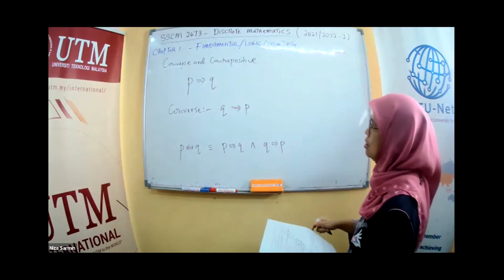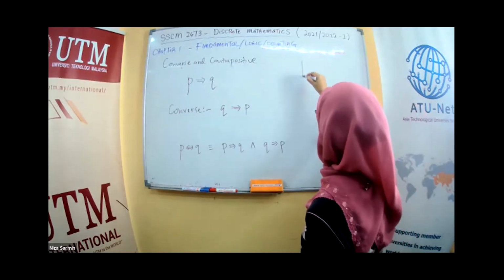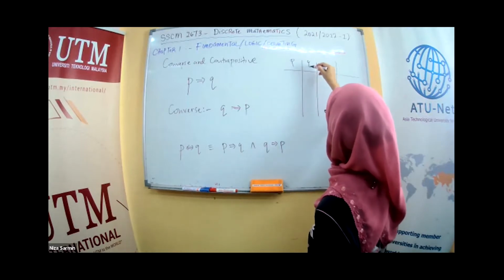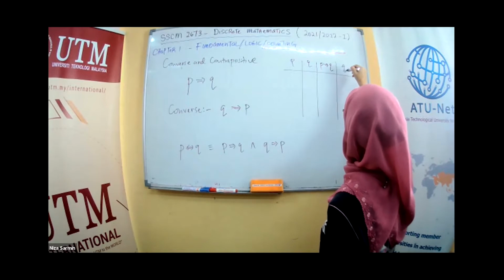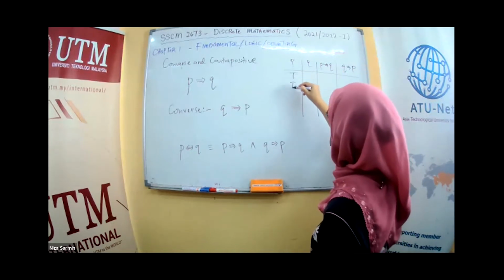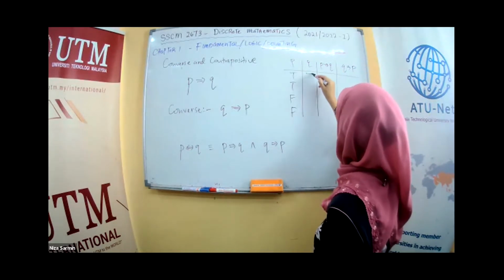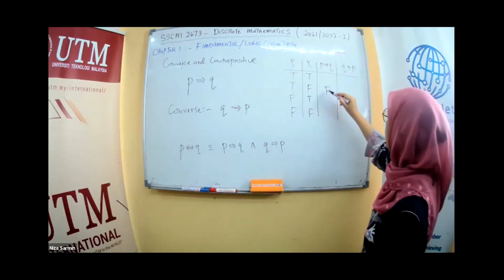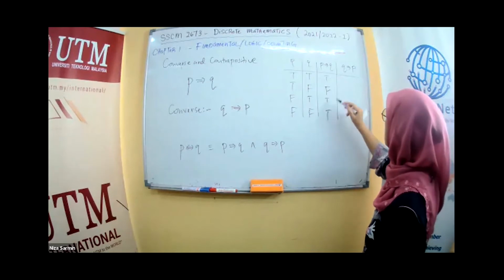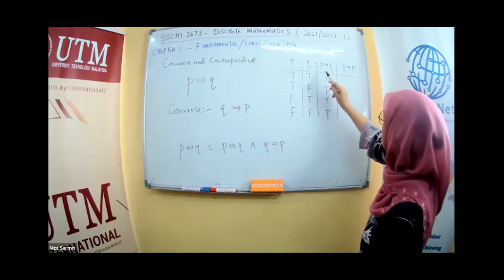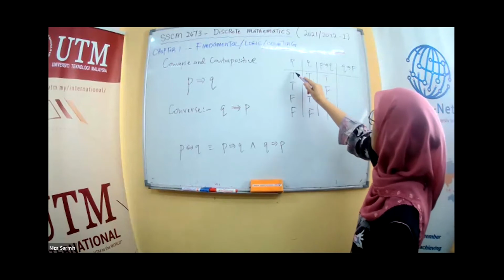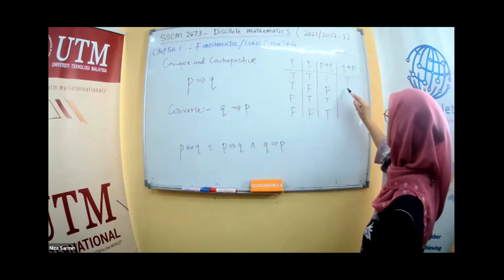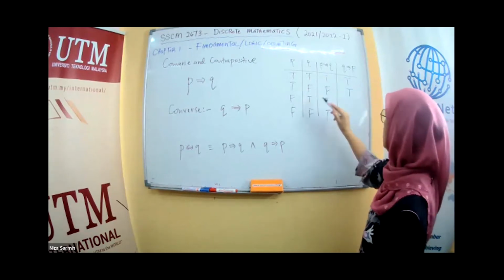Then you can write in the table. So I put P, Q. Okay, true, true, false, false. True, false, true, false. Then I said this is false, otherwise they're all true. So Q implies P. You see, Q implies P is this implies this. True, right? False implies true. True implies false.